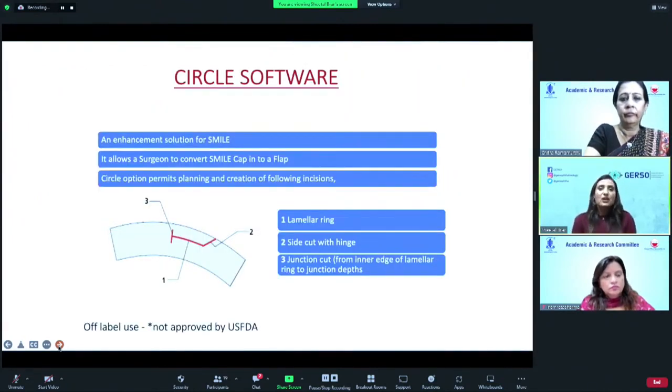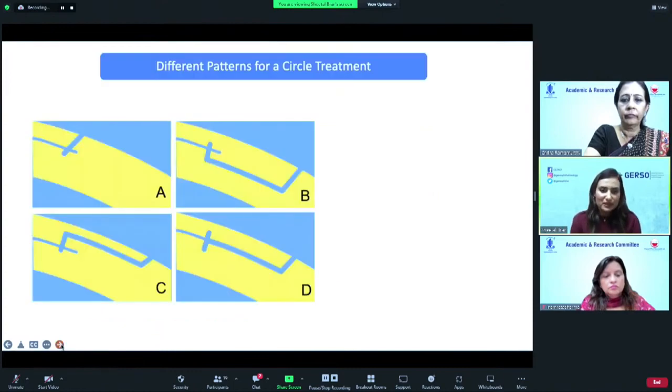CIRCLE software is a dedicated software for enhancement after SMILE, and this allows the surgeon to convert the SMILE cap into a flap, and it provides three types of cuts: lamellar ring, this is the lamellar ring, a side cut with a hinge, and a junctional cut which joins the previous interface.